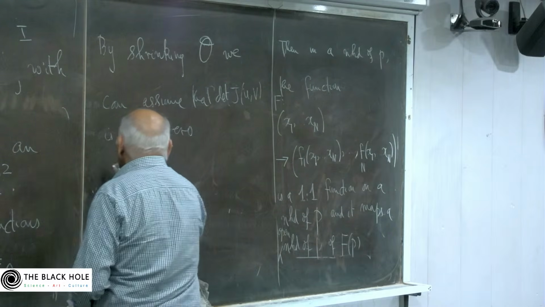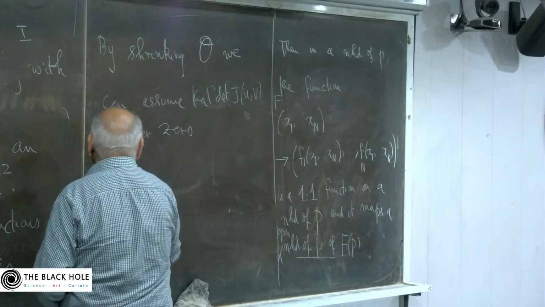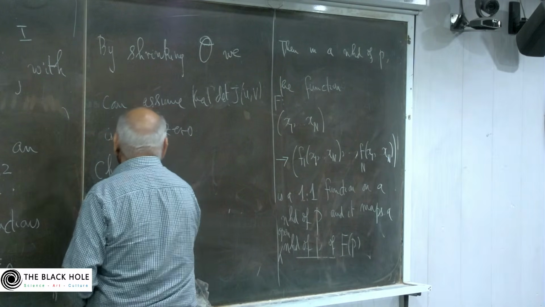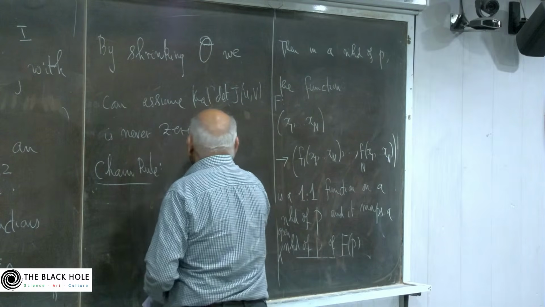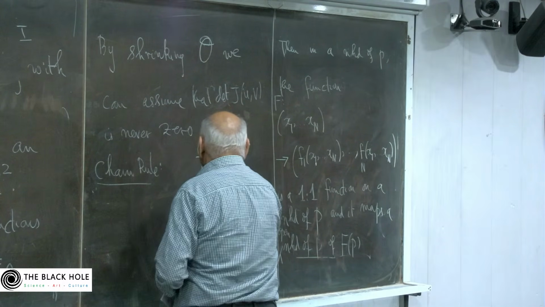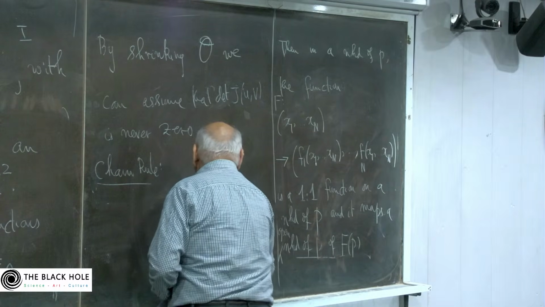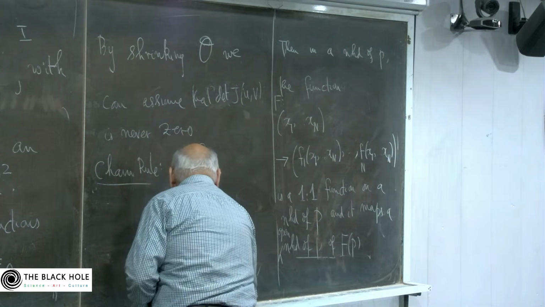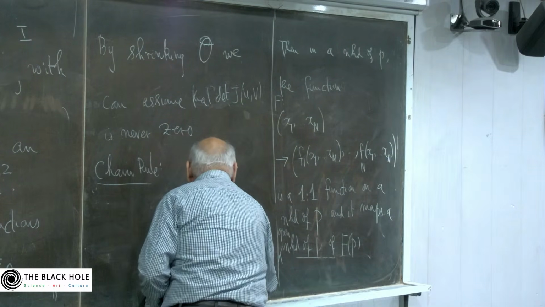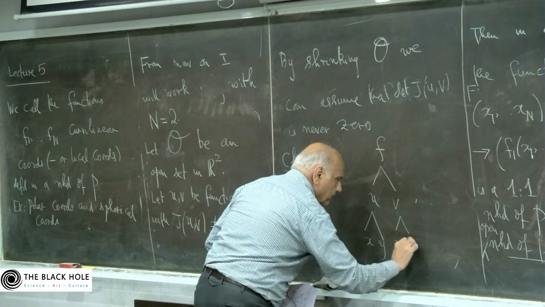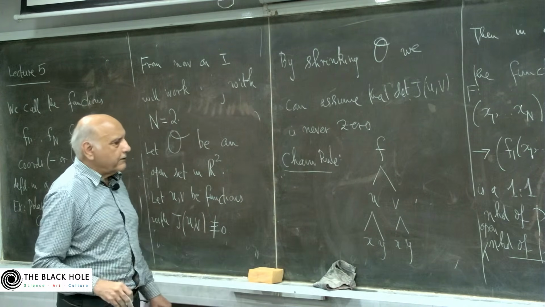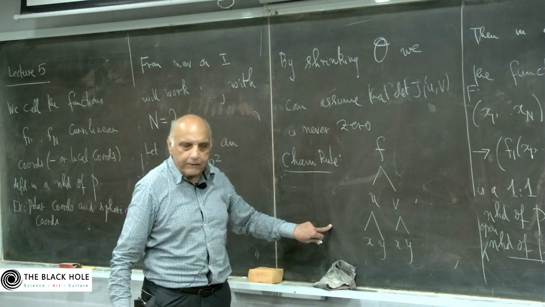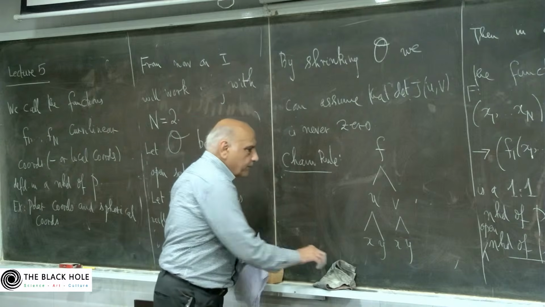So now what is the chain rule? This is the key actually. If f is a function of u and v, this is what you did in BSc, and I will give you a more sophisticated version later. What is partial f by partial x? You have to look at all chains which end in x.